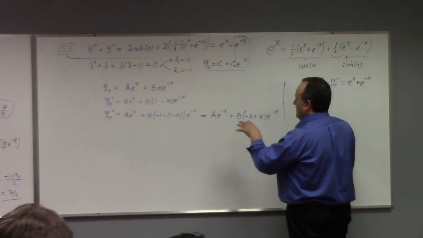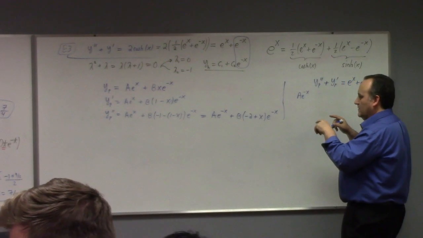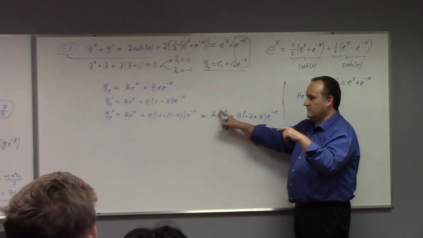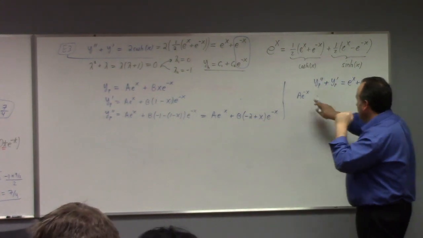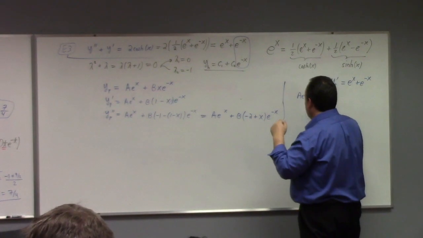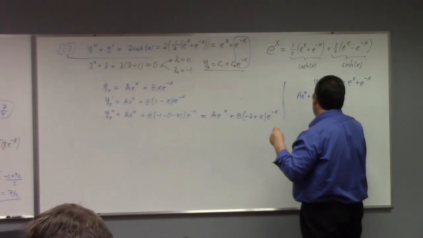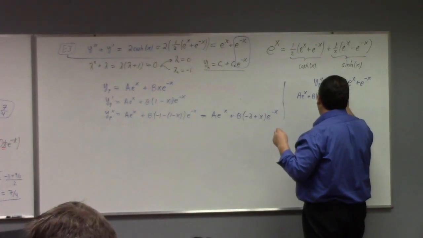Oh, wait a minute. I did a bad thing, right here. Sorry about that. There's no minus on the a term. Did it here too. So a e to the x plus b times (minus 2 plus x) e to the minus x. That's my yp prime prime term.